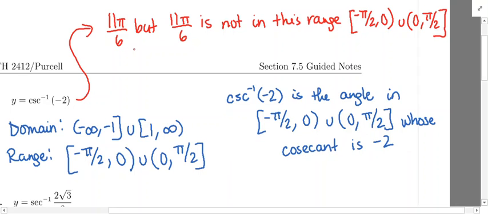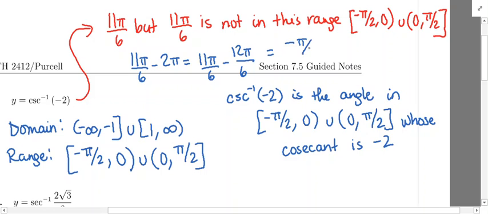You can get that from the unit circle, or you can subtract 1 revolution of 2 pi. With a denominator of 6, 2 pi is 12 pi over 6. That would give you -pi over 6.